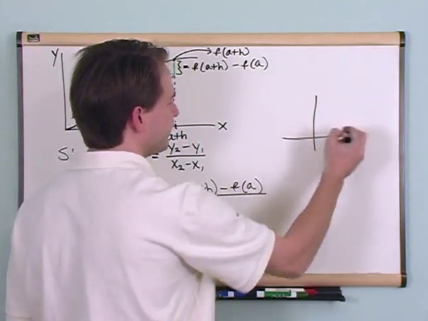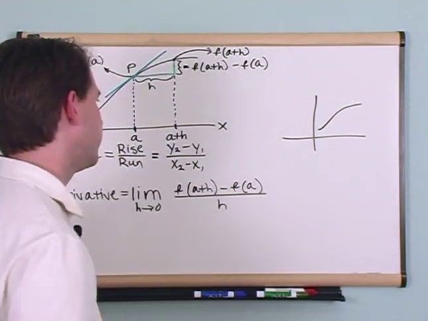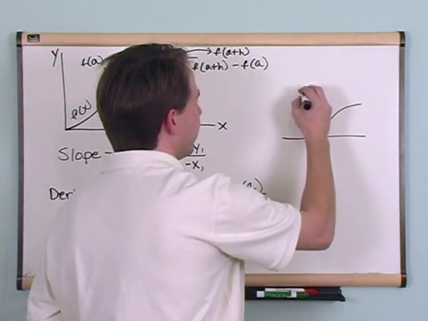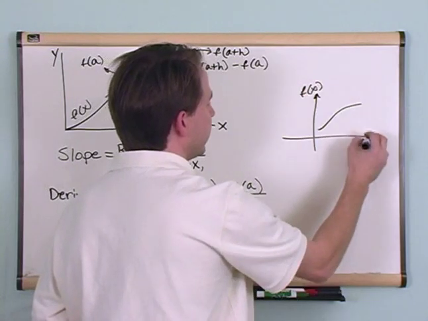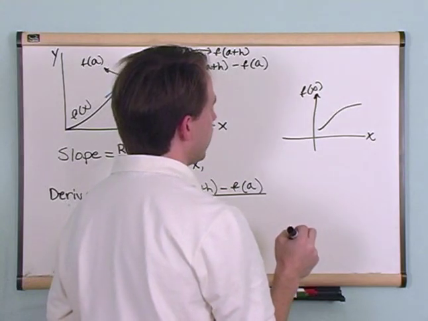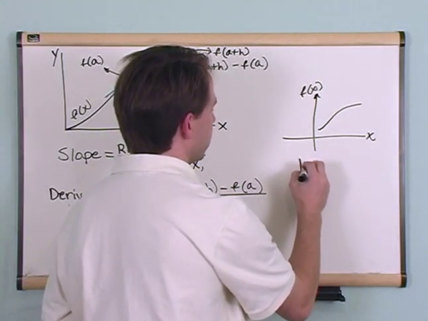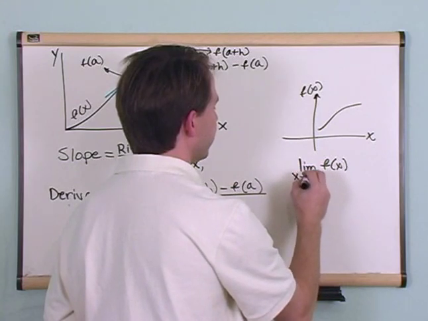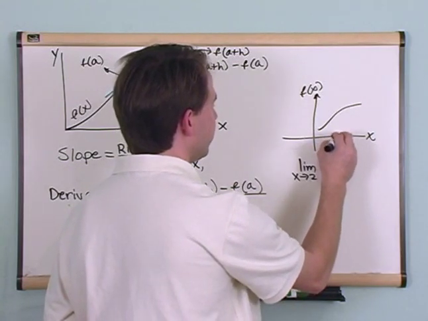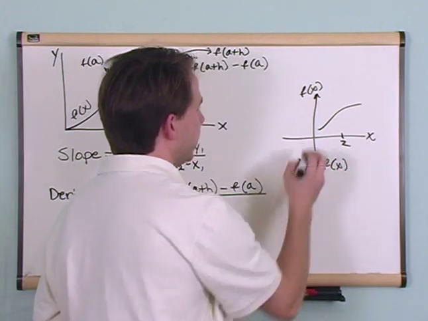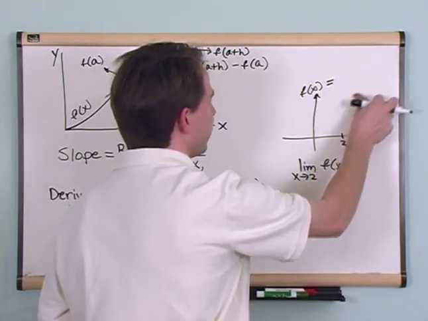Here's a curve, okay, like this. So this is f of x and this axis is x over here, okay? What is the limit of f of x as x approaches 2? Well, if 2 were here, as x approaches 2, and let's say f of x, let me change the curve here.